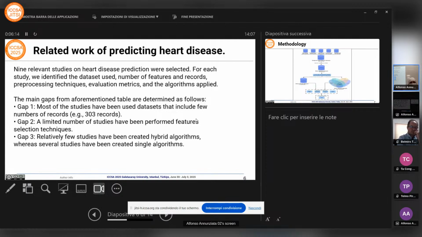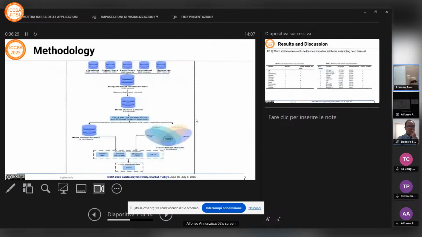And we know the hybrid algorithm almost always increases the accuracy of predictions. For this reason, I designed the methodology to resolve these gaps in the previous selected studies.